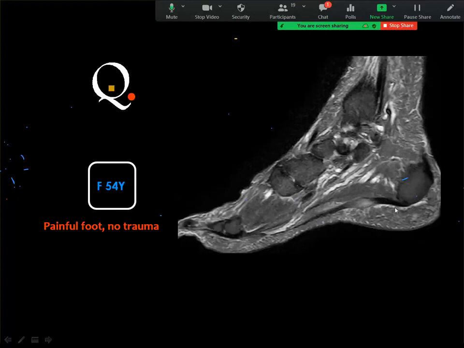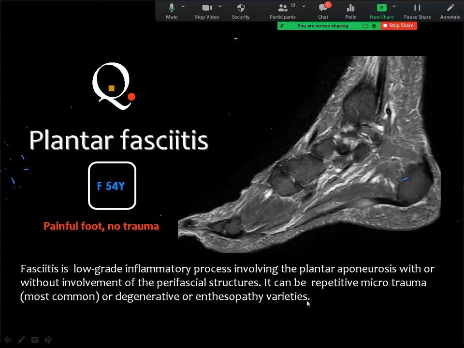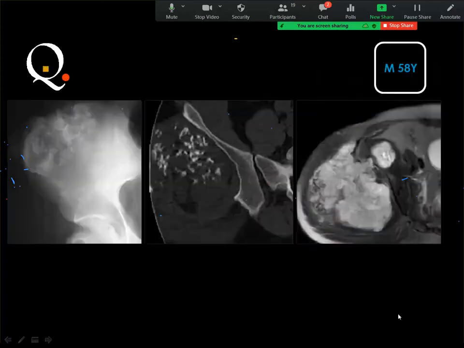The manifestations, as you know, are thickening of the plantar fascia, abnormal signal, and also edematous changes in the subcutaneous fat, and many times at the insertion in the calcaneus, at the attachment site of the plantar fascia. Next case.